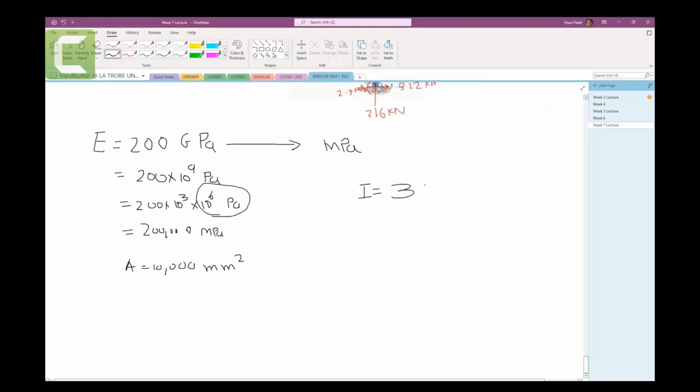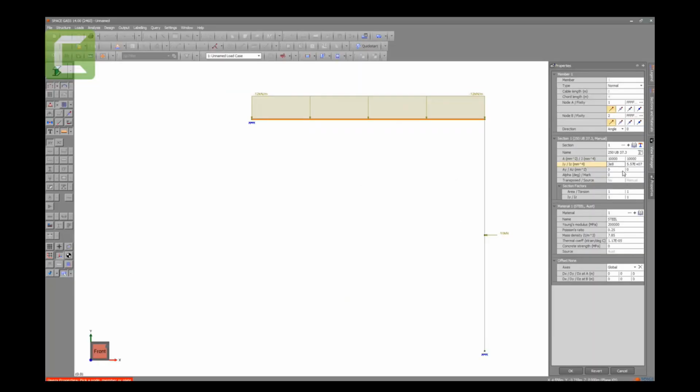I given in the question was 3 times 10 to the power 8 millimeter to the power 4. Millimeter to the power 4 is correct, but to put it into Space Gass, you need 3e8 millimeter to the power 4. So you can type this in Space Gass, which is 3e8 and 3e8. So that's all the I values.